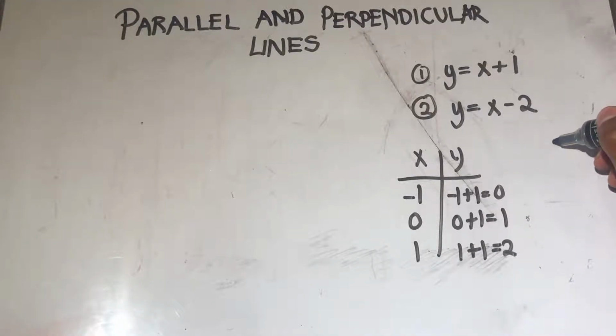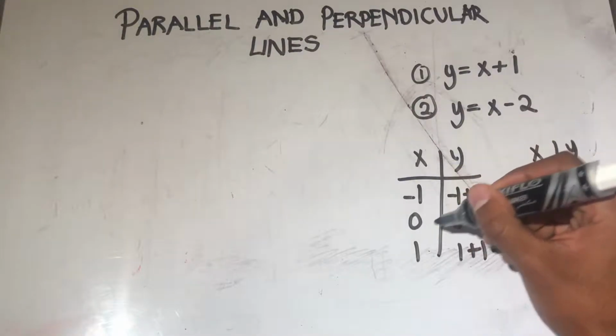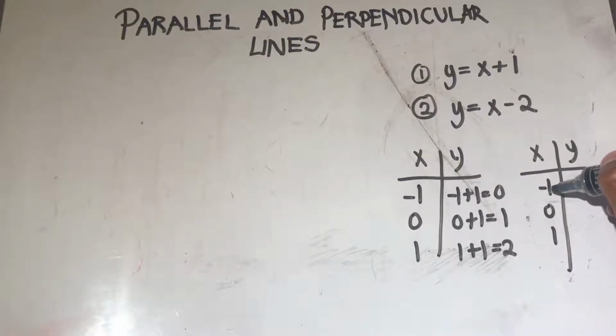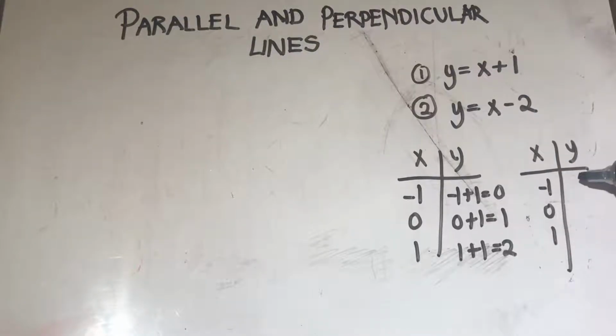Now let's make another table for our second equation. Let's choose the same x values. -1 for x in the second equation is going to give us -1 minus 2.